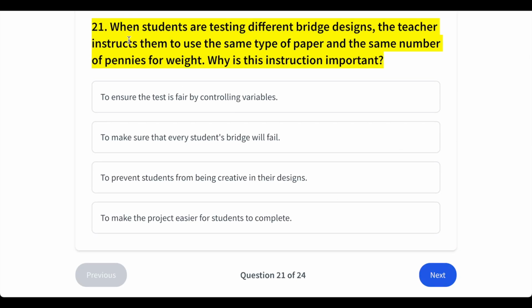This one asks, when students are testing different bridge designs, the teacher instructs them to use the same type of paper and the same number of pennies for weight. Why is this instruction important?